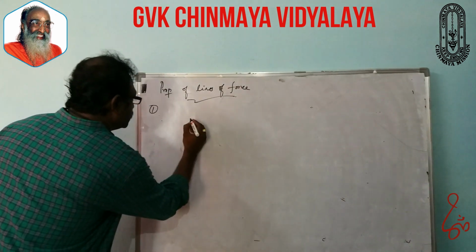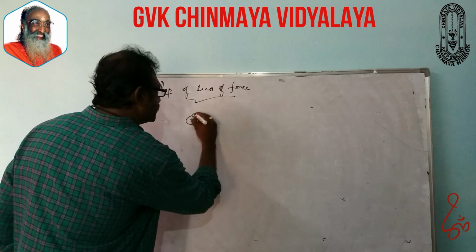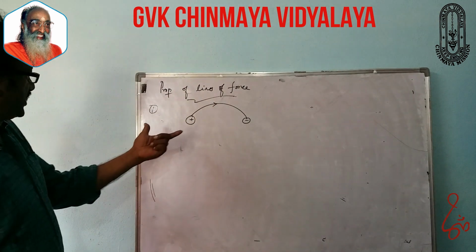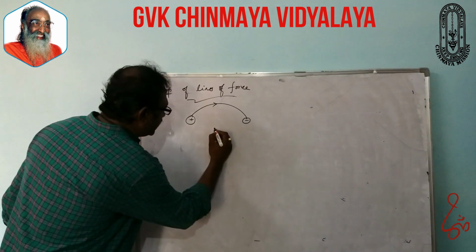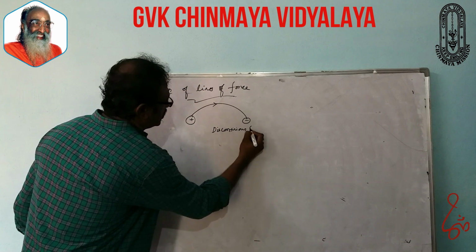That means they start from positive and end at negative. By this we can understand that this curve is a discontinuous curve.